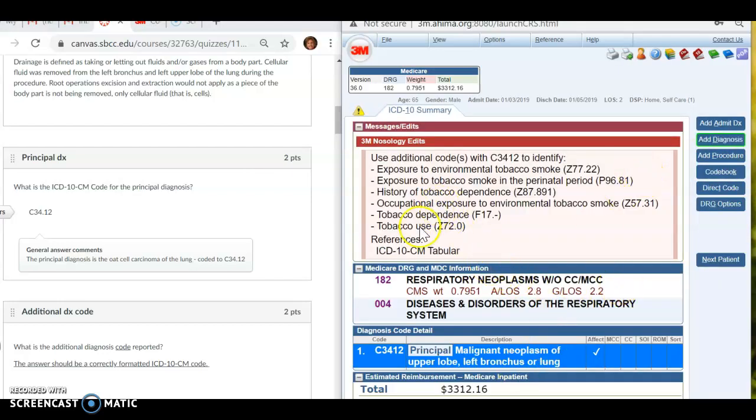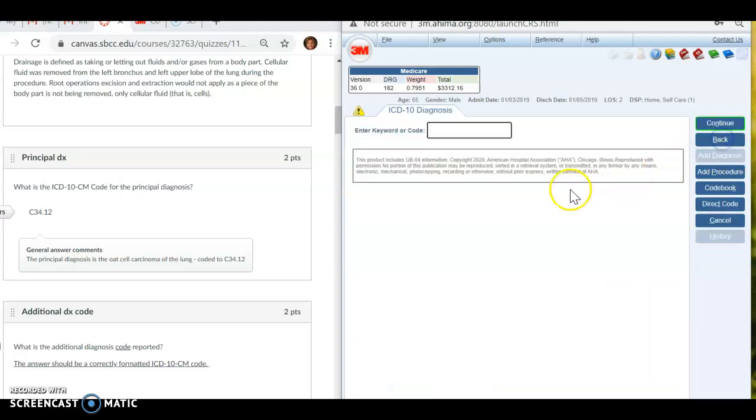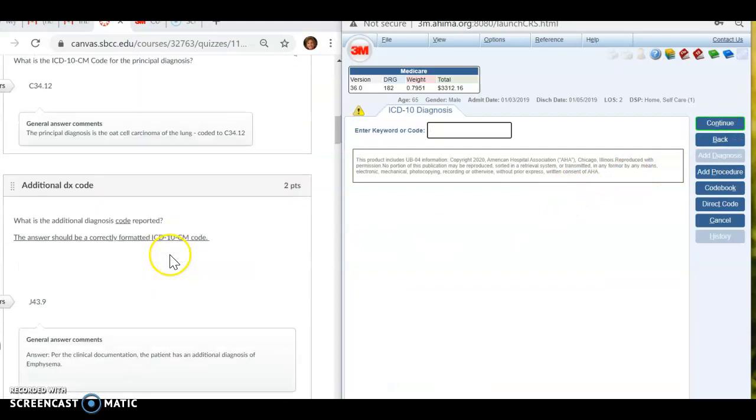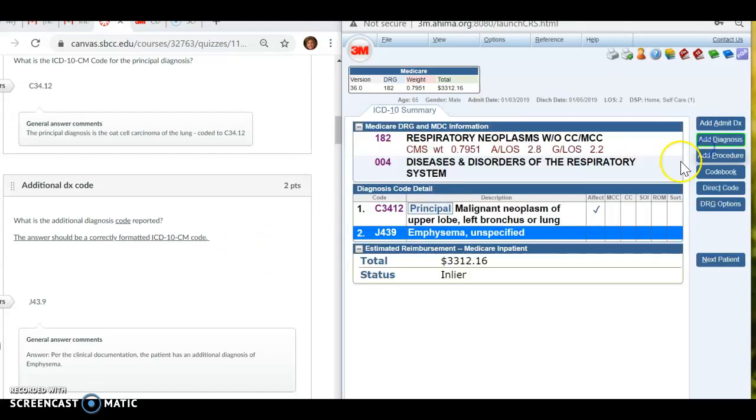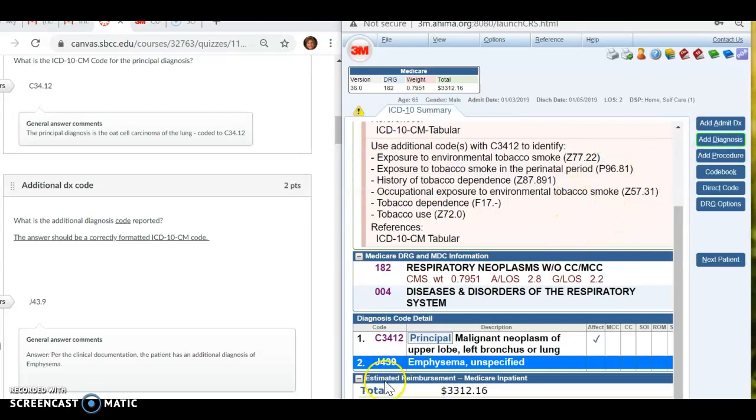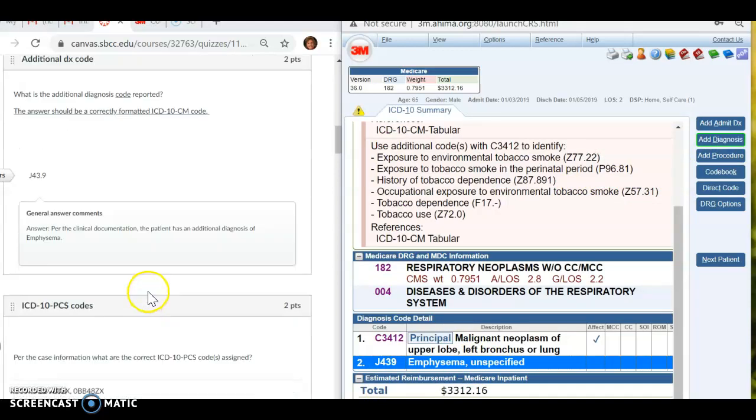We don't have any tobacco abuse. It's stated that right away. We disregard those notes. And we have J43, and that is going to be for our emphysema.